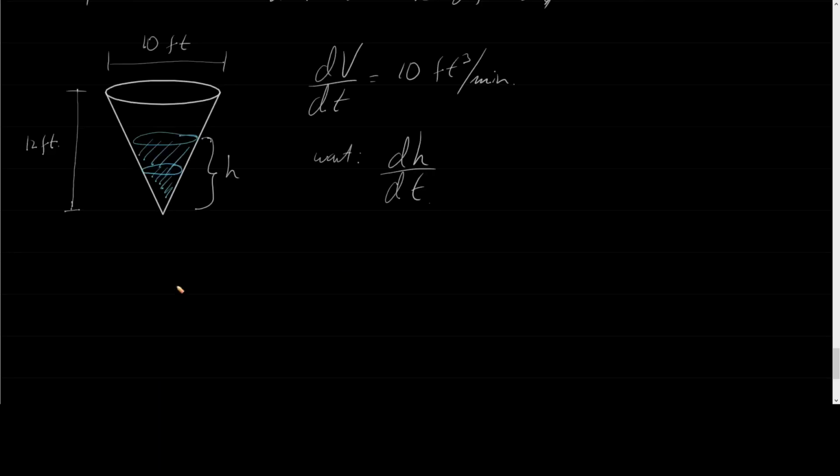Well, the volume of this cone, of any cone, is 1/3 pi r squared times height, right? And notice that all of these things are changing with respect to time. The volume is changing with respect to time. The radius is changing with respect to time, this being the radius.